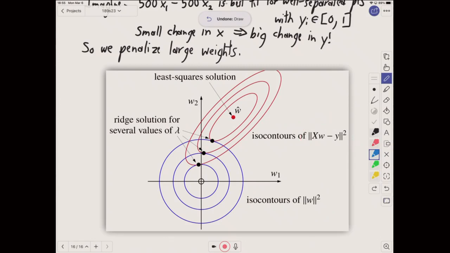And the solutions that you're going to get when you find the W that minimizes the ridge regression problem are always going to be points where one of the red isocontours is tangent, just barely touches one of the blue isocontours. So right there, that's a solution to the ridge regression cost function for some value of lambda.